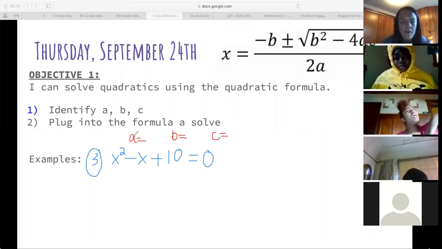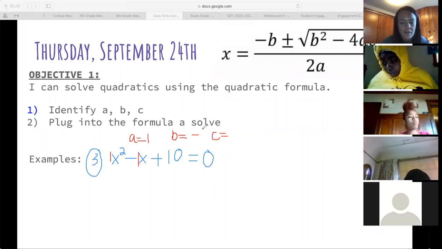Okay, so in this problem, our A is 1 because there's an invisible 1 there. Our B is a -1 because, again, there's an invisible 1. And our C is 10. All right, let's start plugging it in. So -B, our B is already negative, so it's going to turn back to a +1. So it'll be +1 plus or minus, and then B squared.